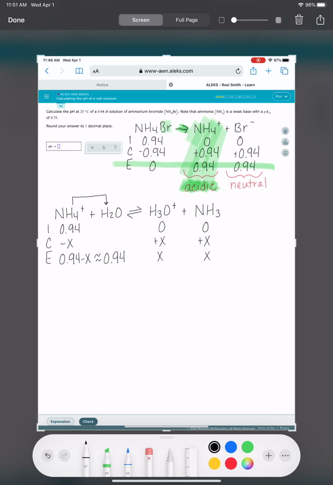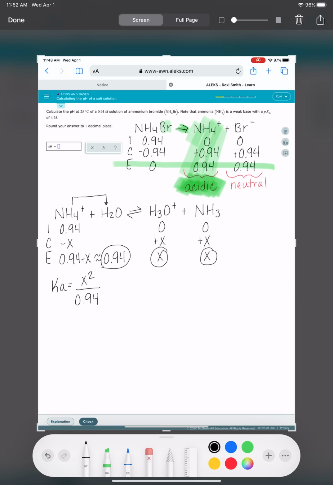Now we're going to write an equilibrium expression. We know that this is an acid because it's an acidic cation, so that means that we are writing a Ka. Ka is our products, X squared, over our reactant, 0.94.